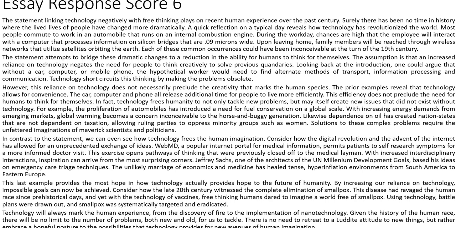But okay, let's talk about why this was given a score 6. It's clear that the writer disagrees with the statement and has given several reasons to back it up. In paragraph 3, yes, they talk about the car, computer, and so on.